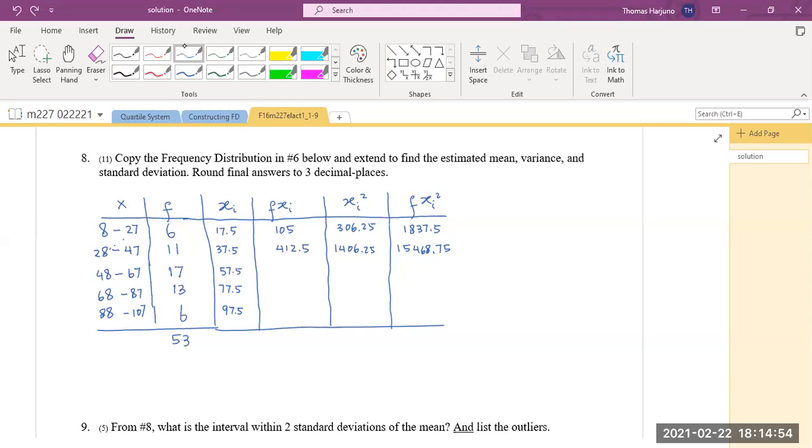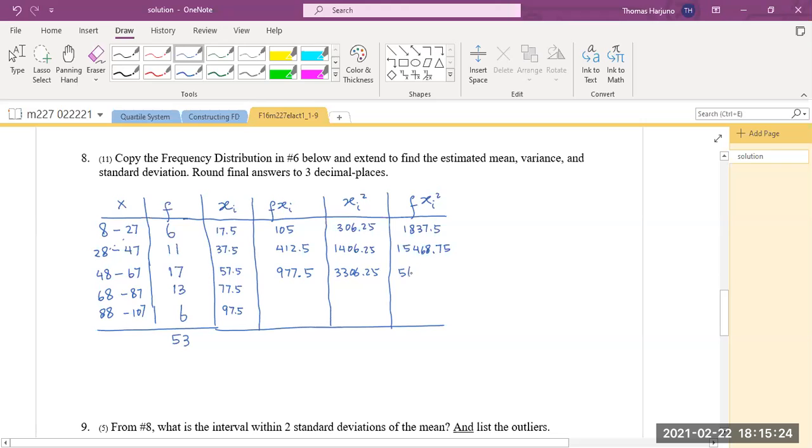And then 57.5 times 17 is 977.5. 57.5 squared is 3,306.25 multiplied by 17.